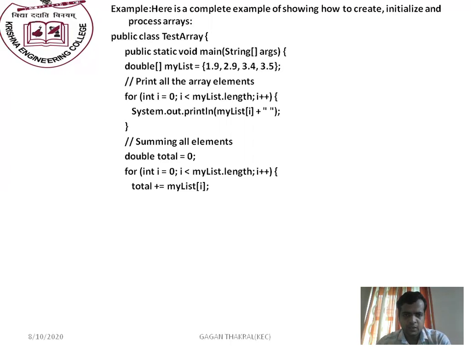We write the first element myList[i] at index 0, and we write this as total = total + myList[0]. Initially it will work for index 0, then for index 1, 2, 3, up to 3 it will do summation of all the elements of the array and store it in the total variable.